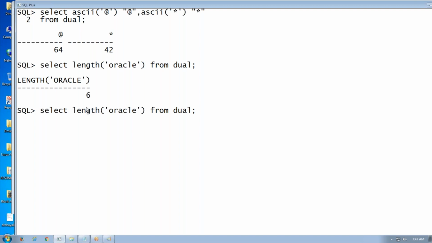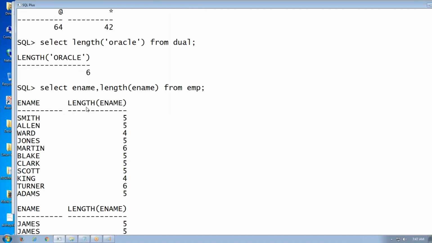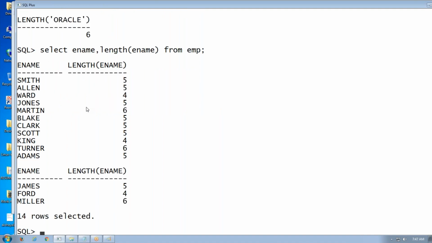But I want to display employee names: ename, comma, length of ename from emp. It will print each employee name and the corresponding employee name length.